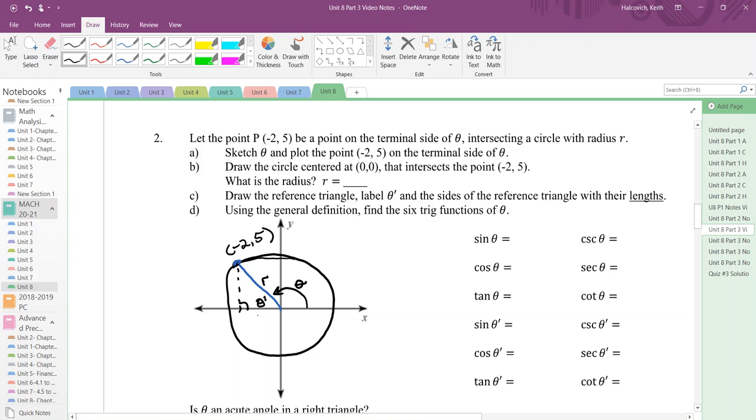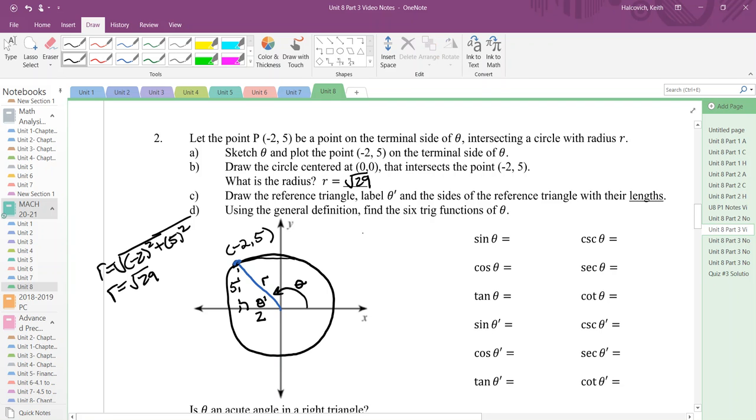Remember, the radius is going to be the square root of x squared plus y squared. So in this case, r is going to be the square root of 29. And then we drew the reference triangle. Now the lengths, remember, lengths are positive, so it's going to be 2 this way, 5 that way.